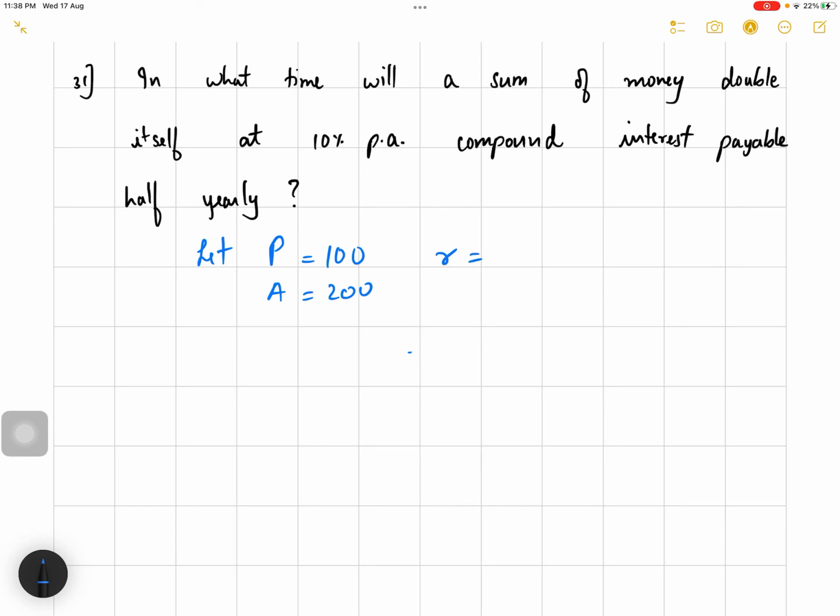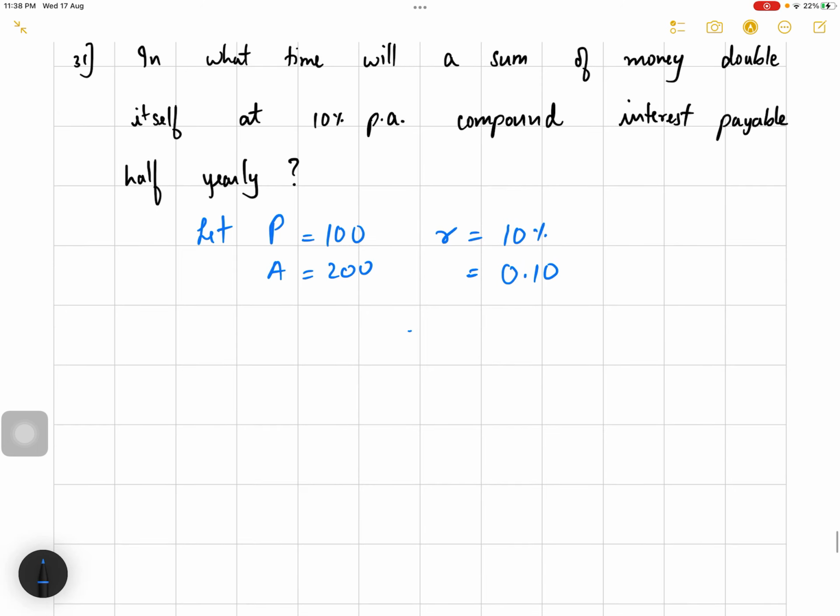So R is 10%. 10% means 0.10. And interest is compounded half yearly. Interest is compounded half yearly means in a year twice interest is compounded. So you will do r divided by 2 and n multiplied by 2. We don't know n, right?